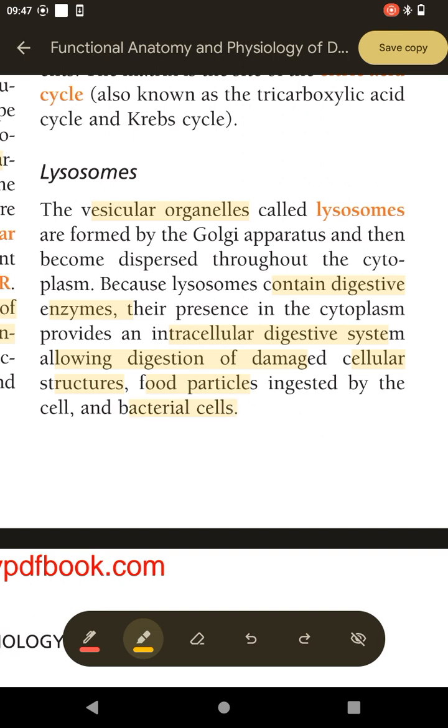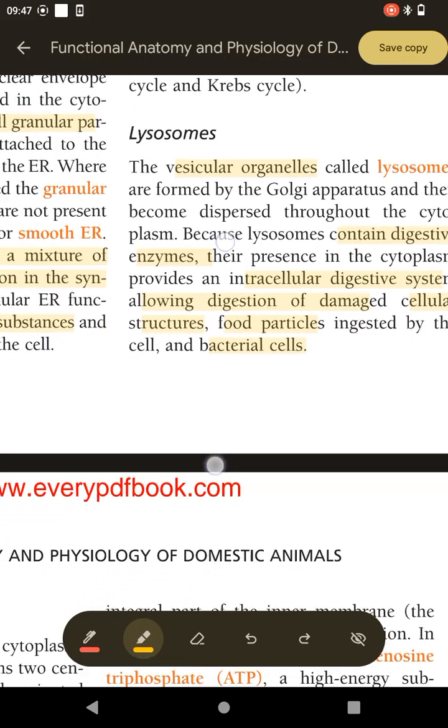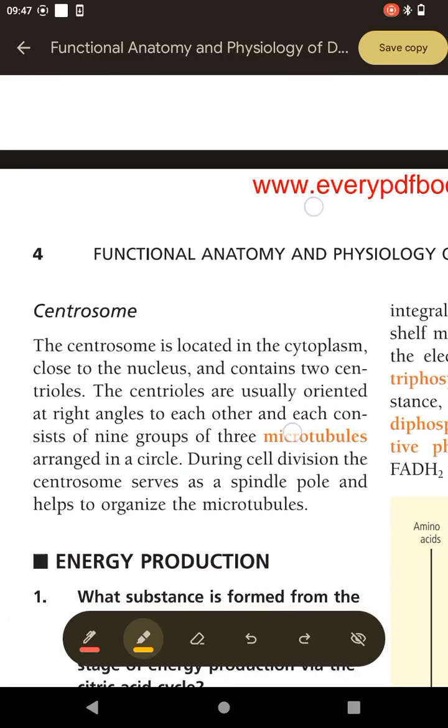They contain digestive enzymes, are distributed throughout the cell, and allow digestion of damaged cellular structures, food particles ingested by the cell, and bacteria. Lysosome is very important.